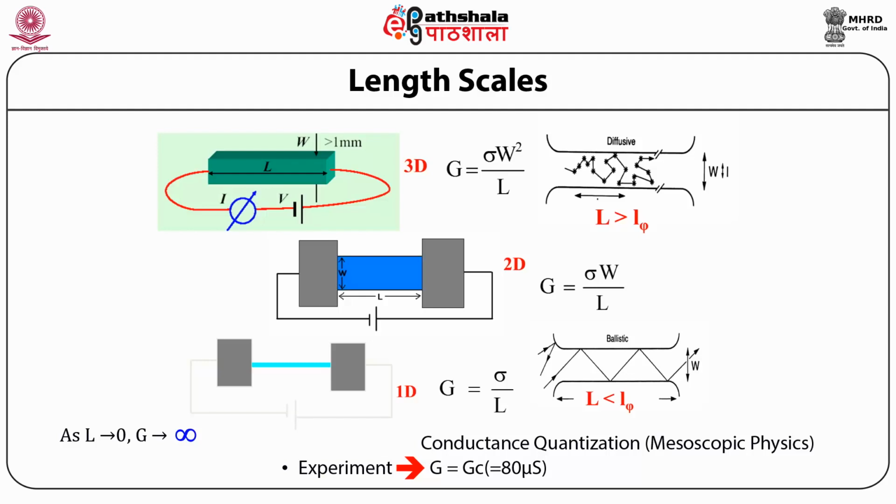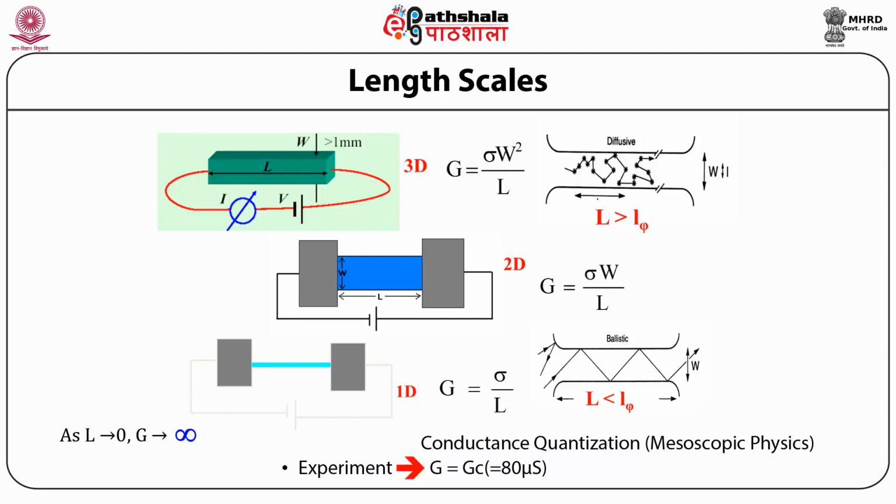Now if we go to 2 dimensions, two length scales come into the picture, that is the width and the length. Width is W, length is L. We have G equal to sigma W by L. Now we'll switch over to 3 dimensions, where we have three scales, that is L, W, and the width, which is the same as the depth.